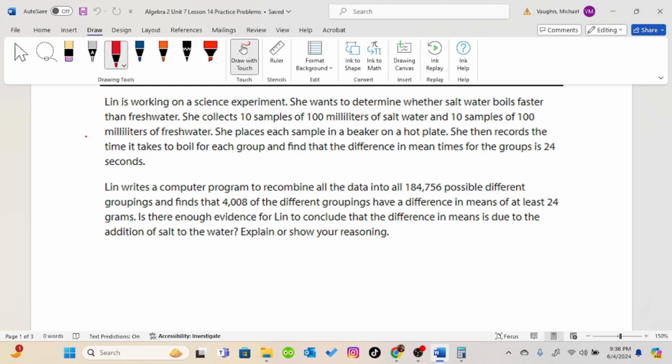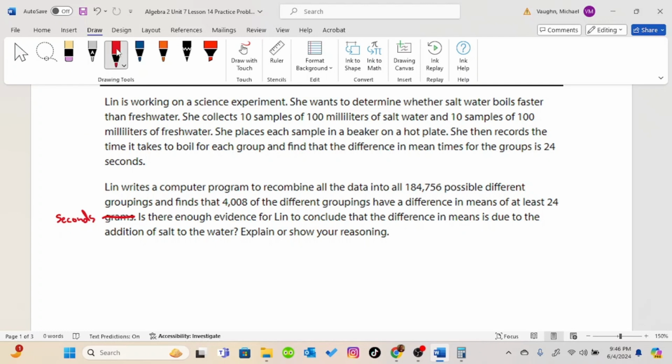This should say seconds, not grams. Is there enough evidence for Lynn to conclude that the difference in means is due to the addition of salt to the water? Explain or show your reasoning.